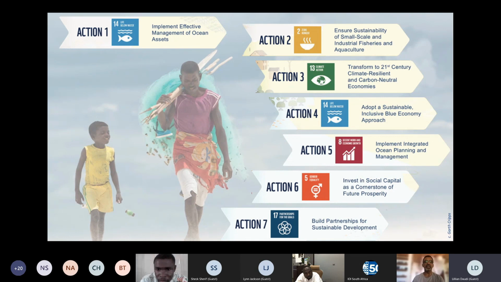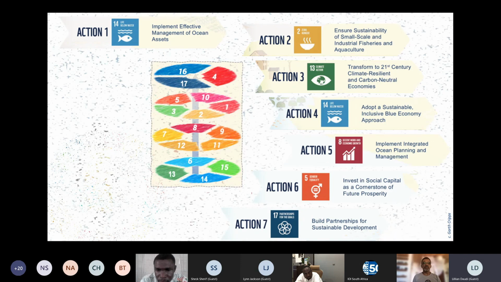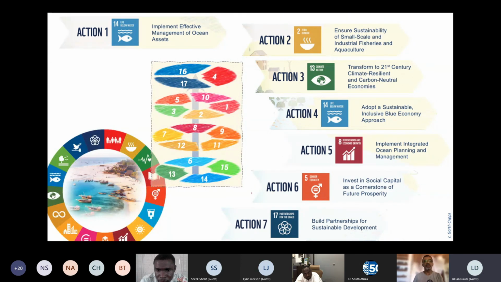So the key thing about these different actions and how they relate to sustainable development goals is that many of them, you can't only implement them in a single goal. You have to think about the interactions across to other goals, across the seascape, or the mechanistic interactions that make them possible.